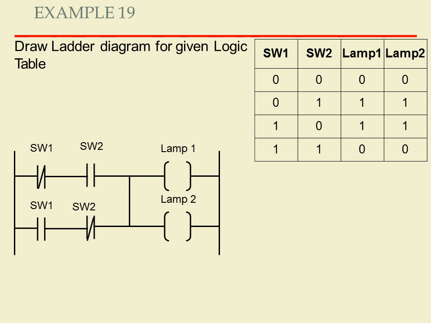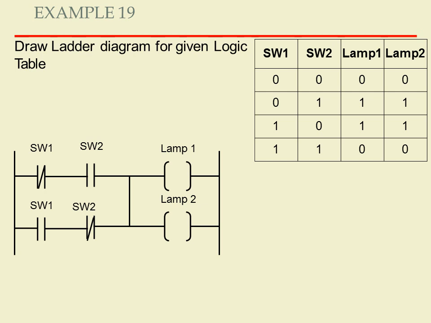When switch 1 is equal to 0 and switch 2 is equal to 0, lamp 1 should be 0 and lamp 2 should be 0. So there is one connector connected between the two rungs. For switch 1 equal to 0 and switch 2 equal to 1, lamp 1 should be 1 and lamp 2 should be 1. The logic is that both outputs should be the same, so one connector is connected here.